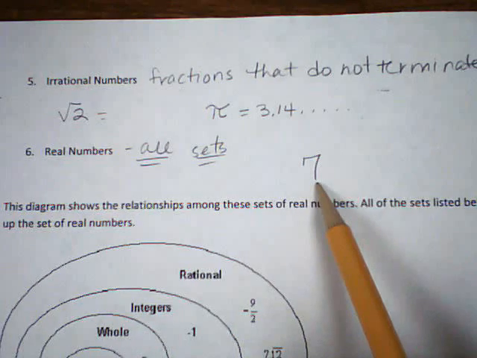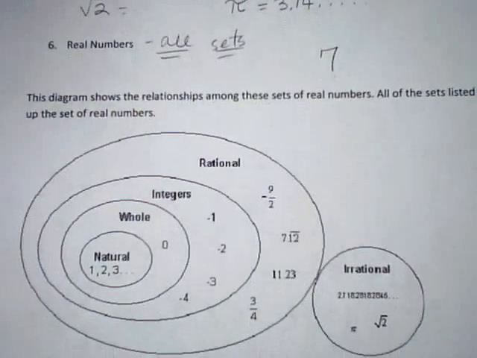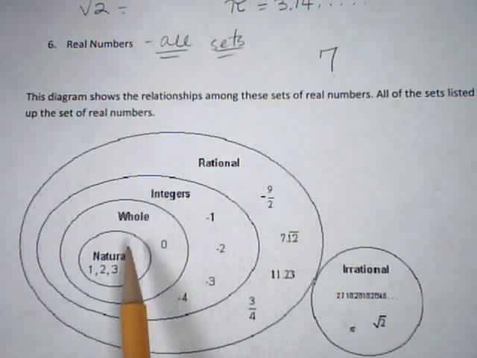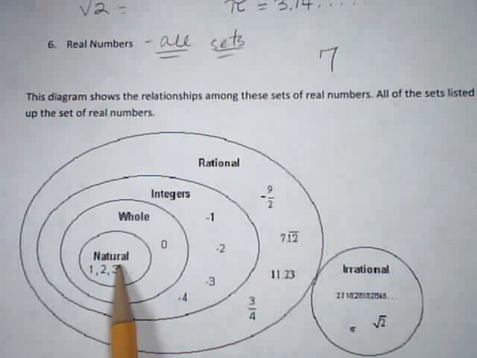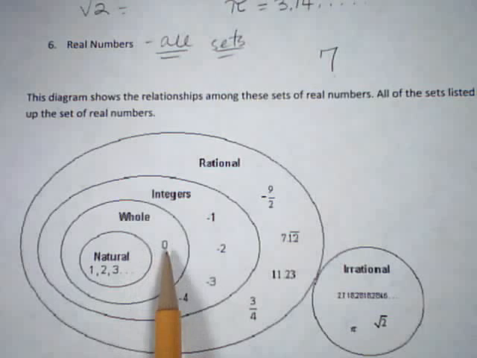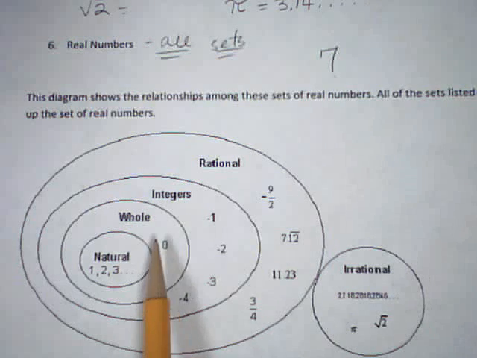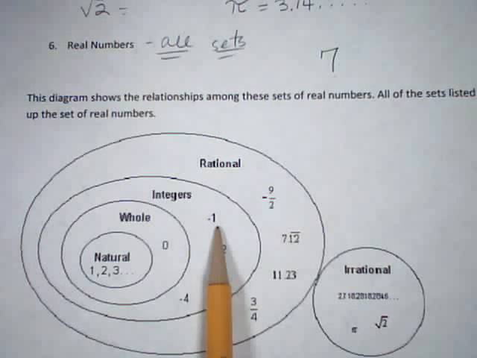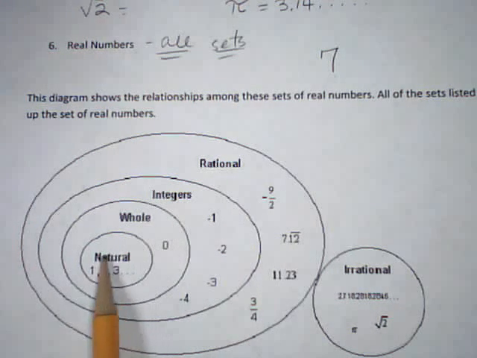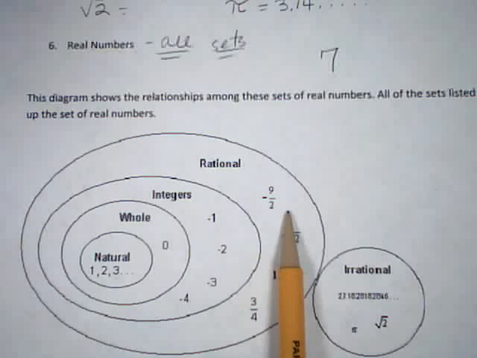If I look at my diagram, this shows a relationship between the numbers. If I start with natural, is 7 a natural number? Yes, it's a counting number, which also makes it a whole number. Is 7 an integer? Yes, and therefore it is rational. So if it belongs in the natural numbers, it's also going to be in these other three.